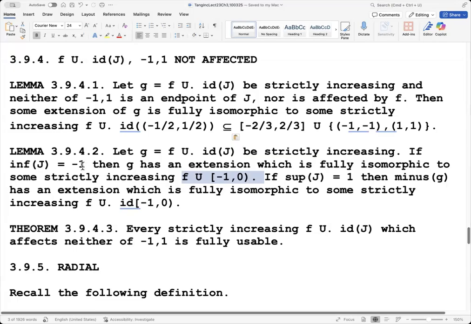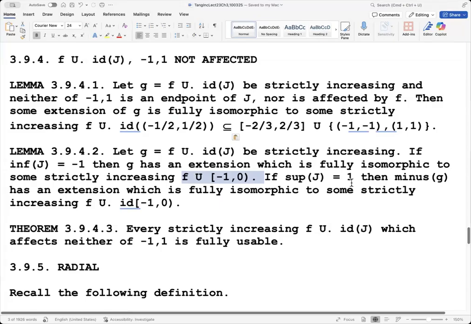If the inf of J is minus one and the sup of J is one, then we have a trivial situation that we took care of a long time ago. Essentially, we know that it extends to the identity function, still strictly increasing. Okay, so it's pretty clear that we're down to the case where the inf is minus one.